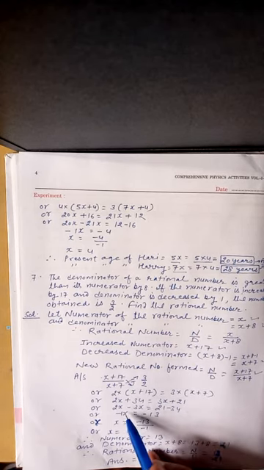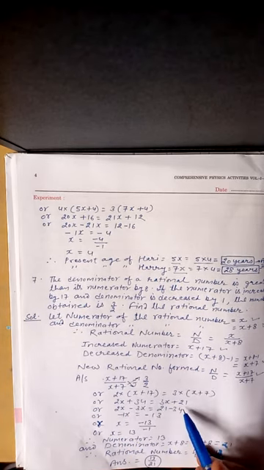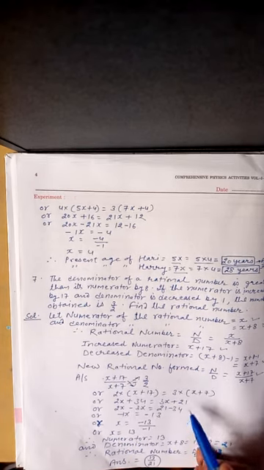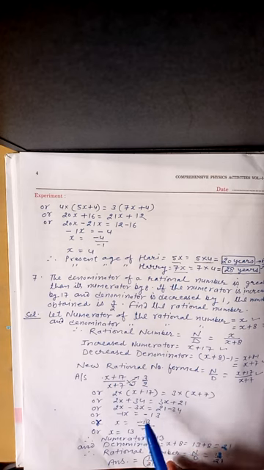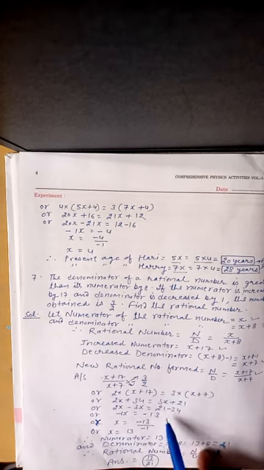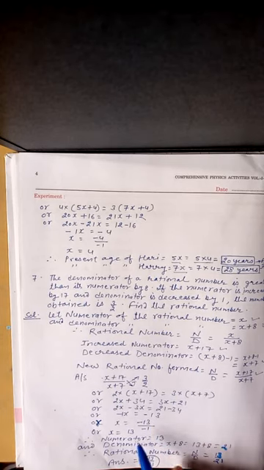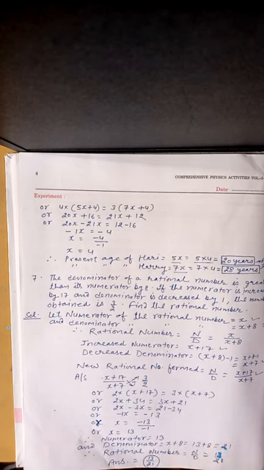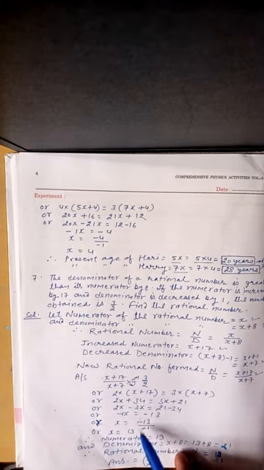Now the variable will be brought to the left hand side and the constant term to the right hand side, and while transferring these terms their sign will get changed. 2x minus 3x is minus 1x, 21 minus 34 is equal to minus 13, x is equal to minus 13 upon minus 1, x is equal to 13, minus minus cancel.